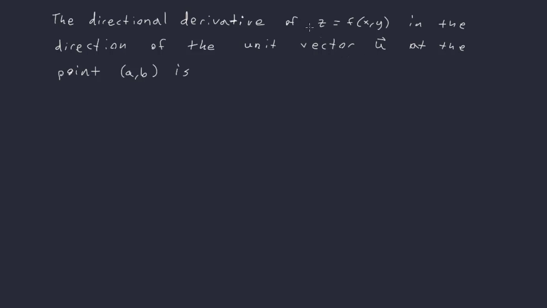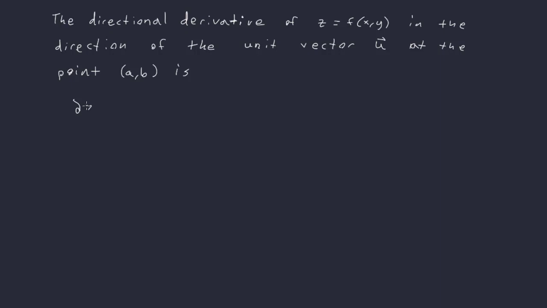Okay, so the directional derivative of z equals f of x, y in the direction of the unit vector u. Now we need a unit vector for this to work. At the point (a, b) is given by this formula here. It is, and here's the notation I like to use.